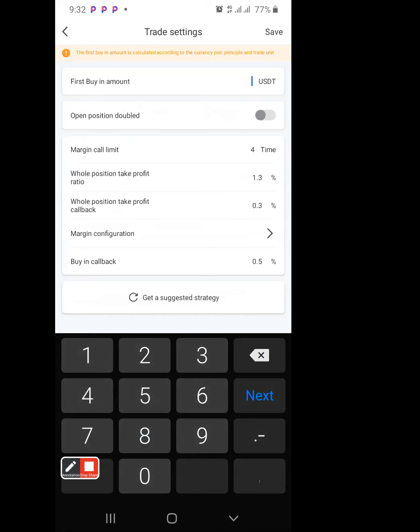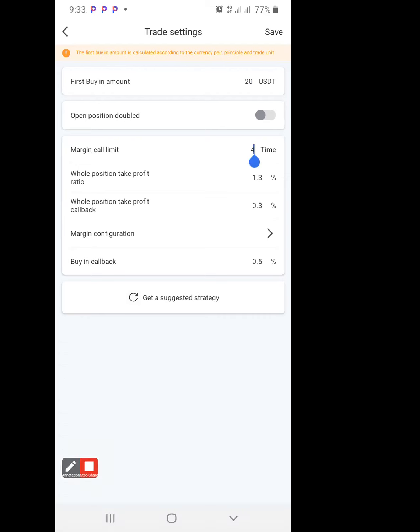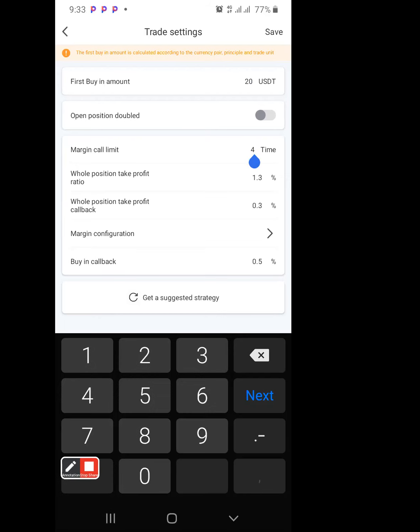That is determined by your account balance and the kind of strategy you want to use. For buy amount, let's say I'm going to put $20. For open double position, always leave that because you don't want to double your position. Margin call means the number of times you want the market to buy if the market is reversing. And if the market refuses to get your TP and it's going back, that's the meaning of margin call limits.